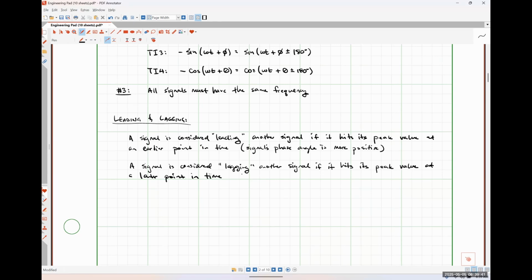And this corresponds to the signal's phase angle is more negative.